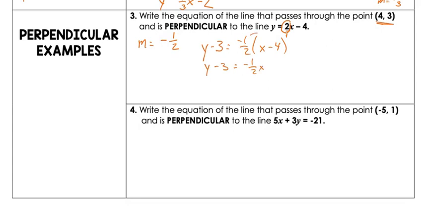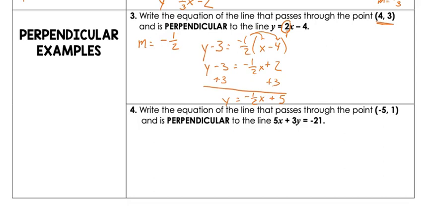Well, -1/2 times -4, a negative and a negative make a positive, and 1/2 of 4 is 2. Almost there, just need to move the constant from one side to the other. And my new equation is going to be y equals -1/2 x, and 2 and 3 make 5. So y equals -1/2 x plus 5. That's my first example for perpendicular.